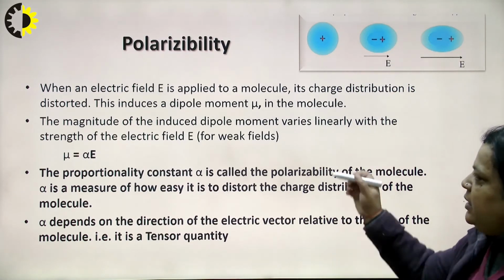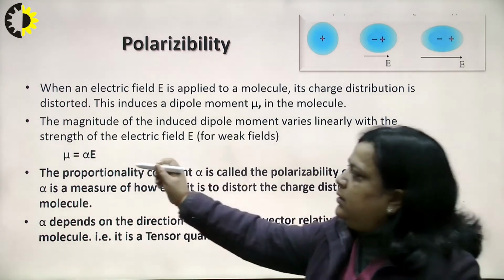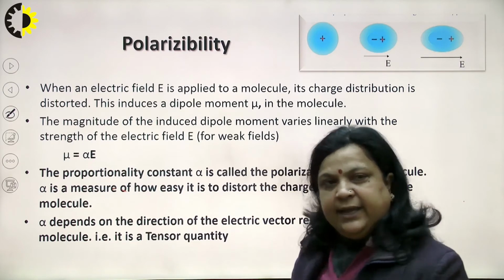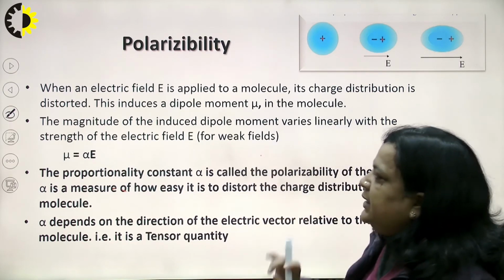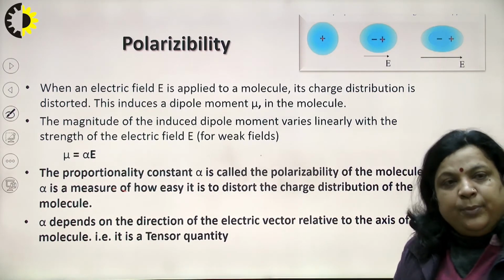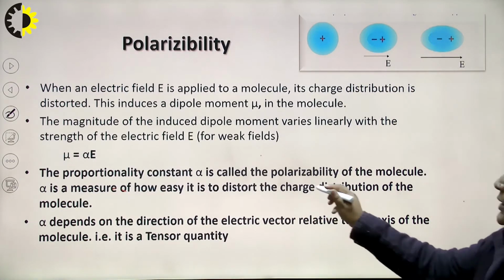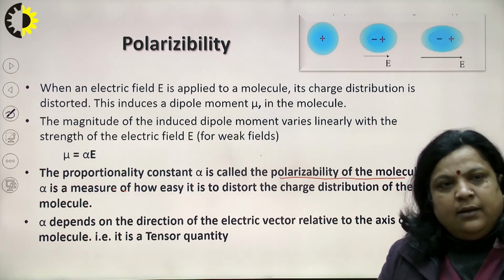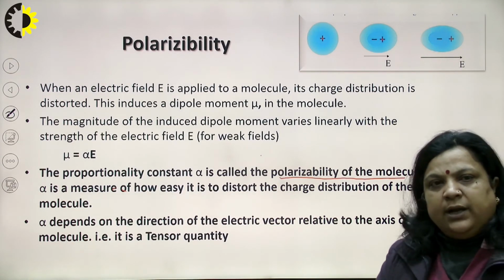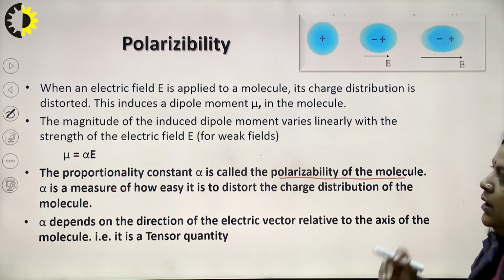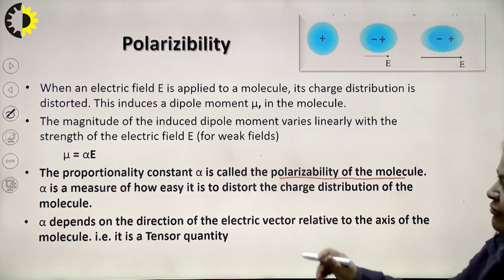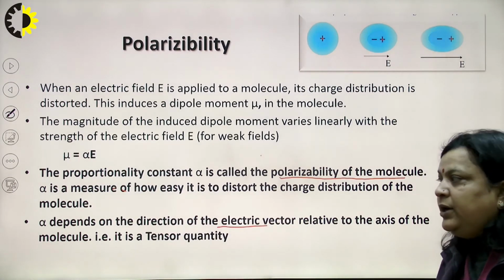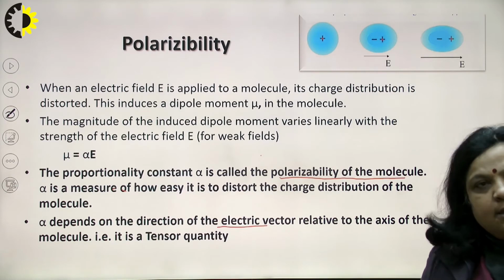So, mu is directly proportional to E, and with the proportionality constant, mu is equal to alpha E. This proportionality constant alpha is called the polarizability of the molecule, and it is a measure of how easily the charge distribution of the molecule is distorted. Alpha depends on the direction of the electric vector relative to the axis of the molecule. So, it is a tensor quantity.